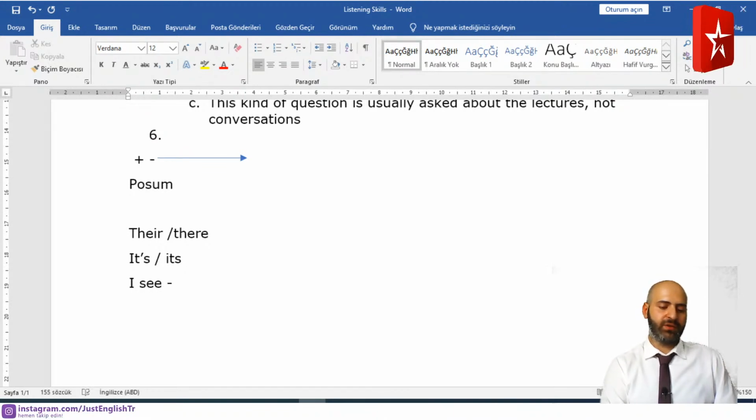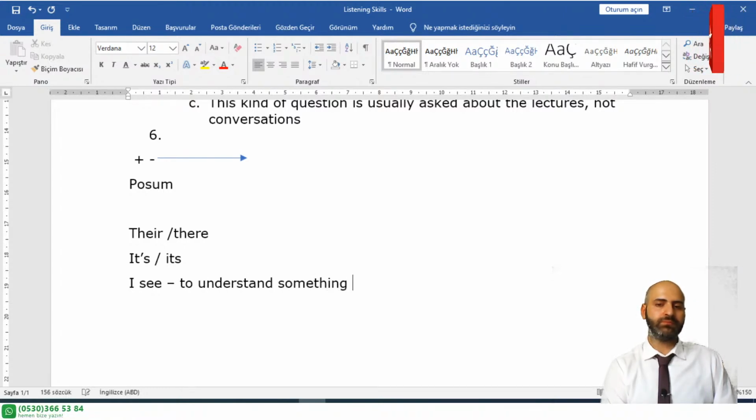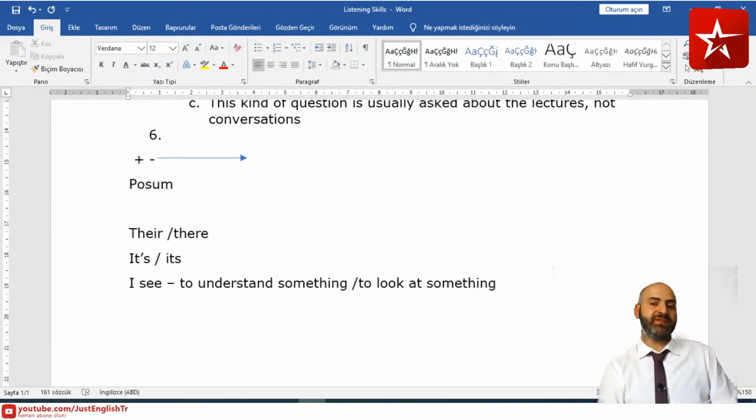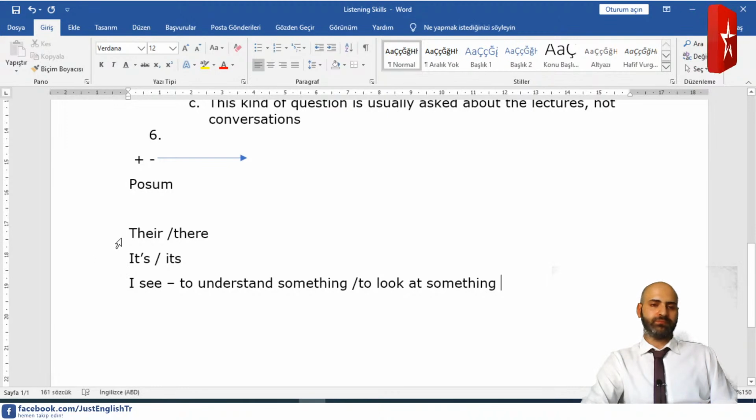One, to understand something. Second meaning, to kind of look at something. So these are two different things. These kinds of words we call homonyms and homophones, and you need to pay attention.